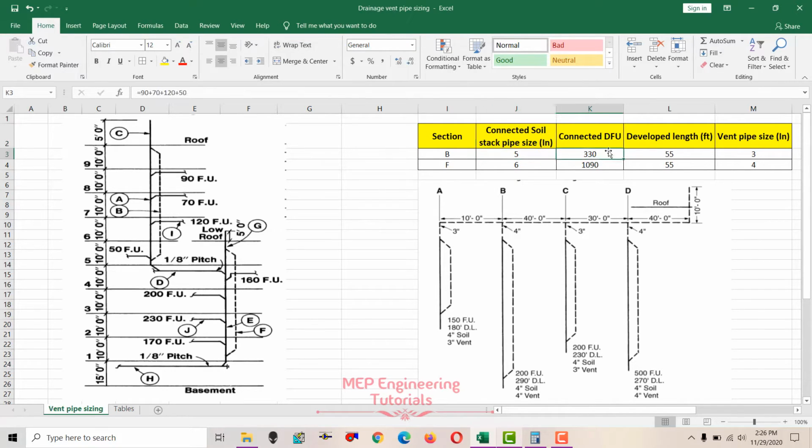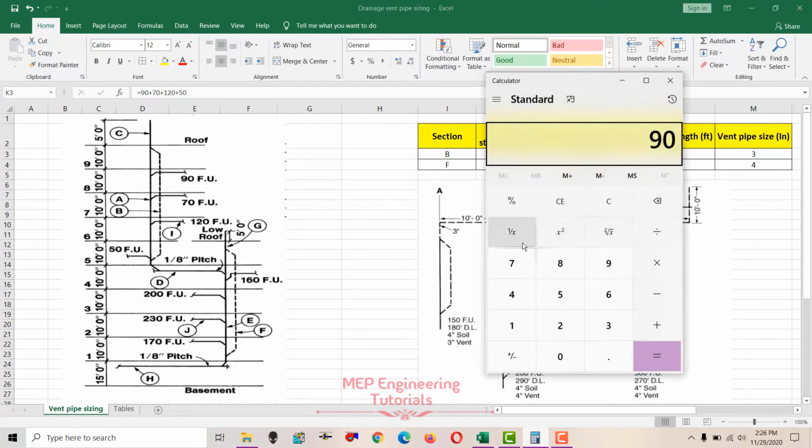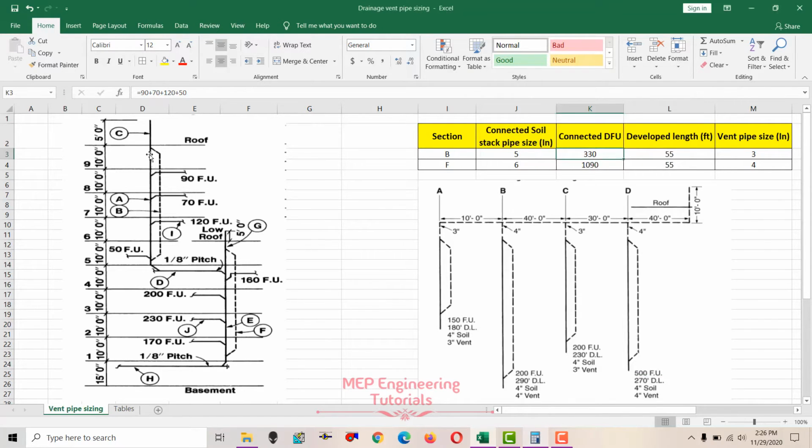So I will proceed to the next step, the connected drainage fixture units. You can see the total connected drainage fixture units are 90, 70, 120 and 50. So we have a total of 4 branches here, that is 90, 70, 120 and 50, total 330. So up to this point we have 330 fixture units connected here.